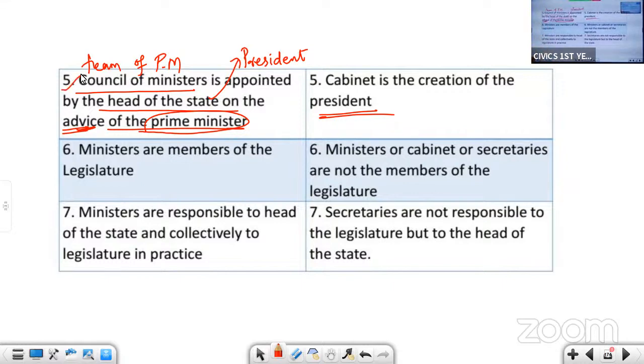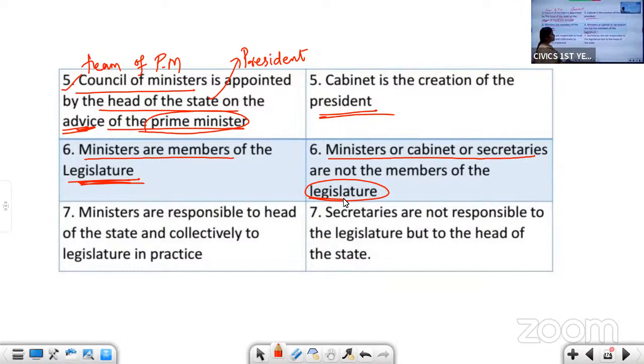Next, in parliamentary form of government, ministers are the members of legislature. I told you, all the ministers are part of legislature. They are elected by the people. They belong to the majority party in the lower house. So all the ministers are members of the legislature. Whereas in presidential form of government, the ministers or cabinet or secretaries, they are called cabinet also, or secretaries or ministers, are not the members of legislature.